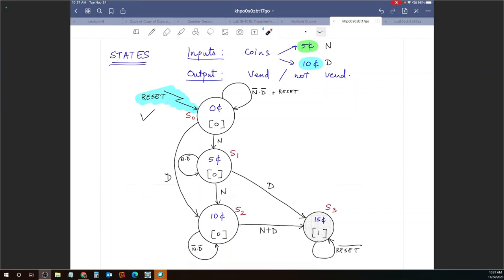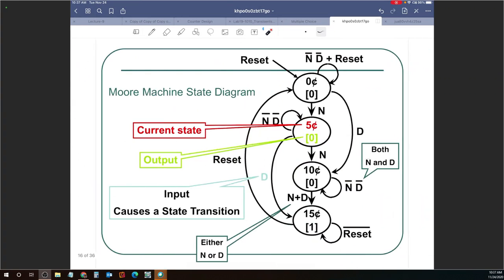All right, let's move on and look at the same state diagram, but presented on a slide in which we are highlighting the current state of the finite state machine, the output, vend or don't vend, that is linked to the state the finite state machine is in, and then we also indicate the state transitions.